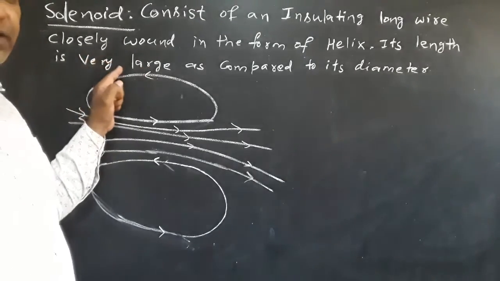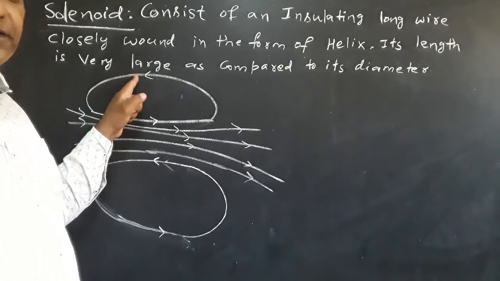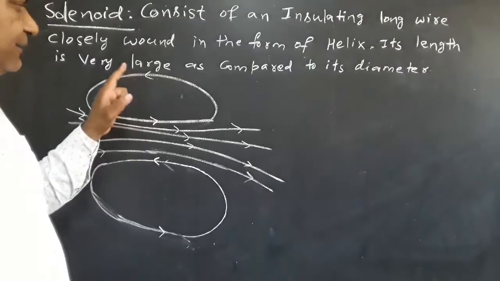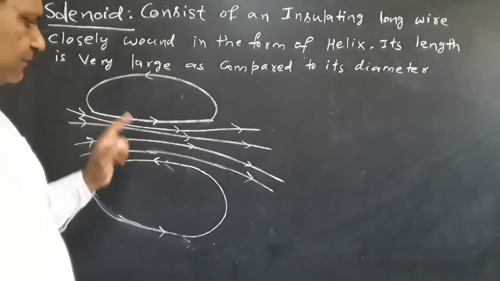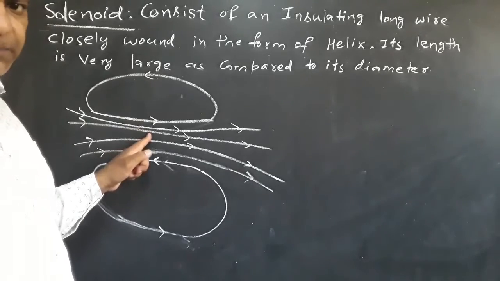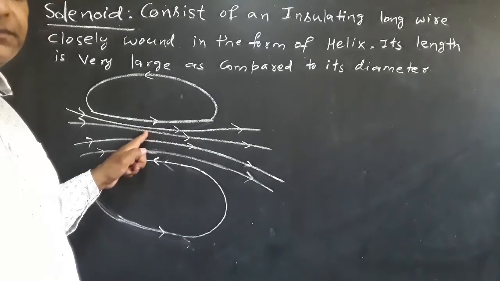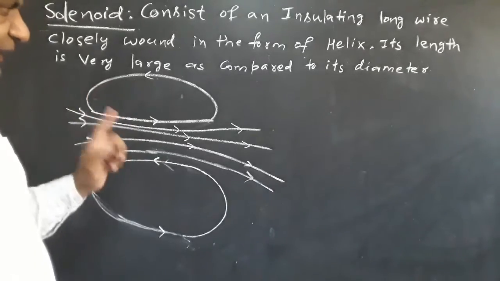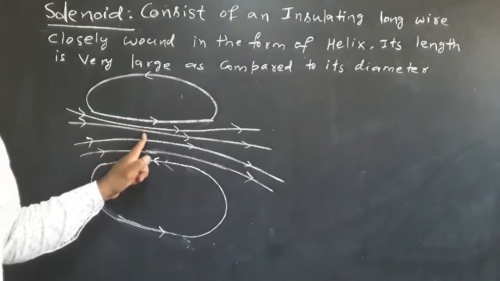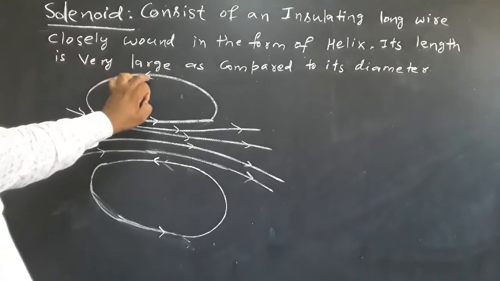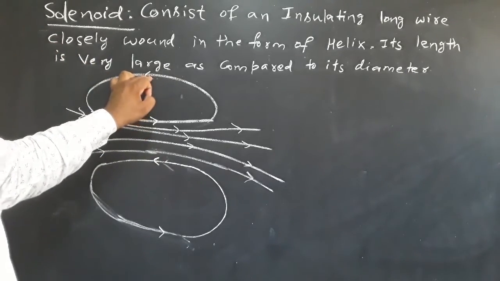So outside the solenoid the magnetic field is very weak, or you can say it is zero. Whenever we do the derivation for the solenoid, we will take the magnetic field inside the solenoid as uniform and maximum, and outside the solenoid the magnetic field is very weak and is considered as zero.